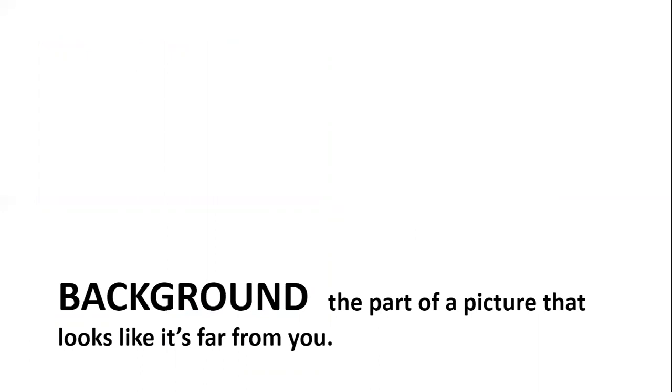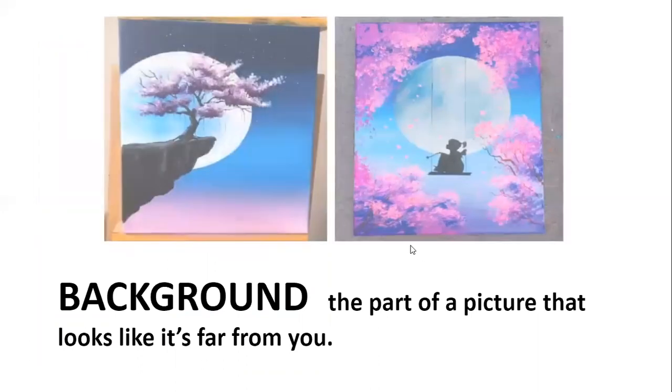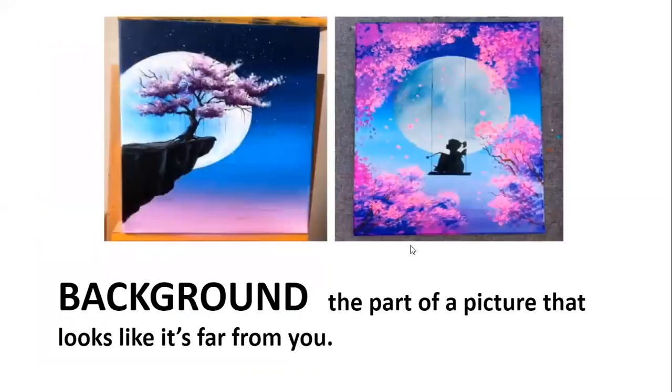The part of a picture that looks like it's far from you. Remember, far from you. So look at the picture here. What is the background? Good. The moon is the background because it looks far from you.